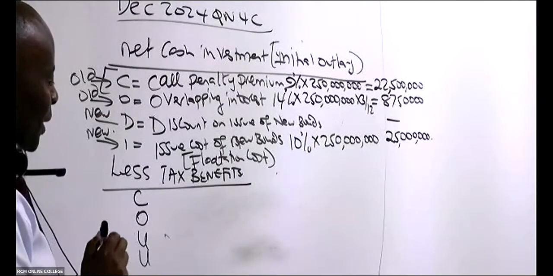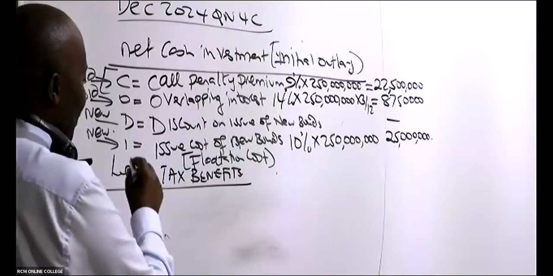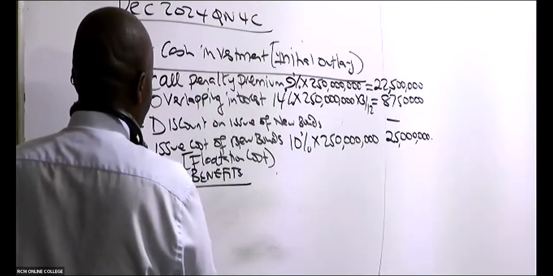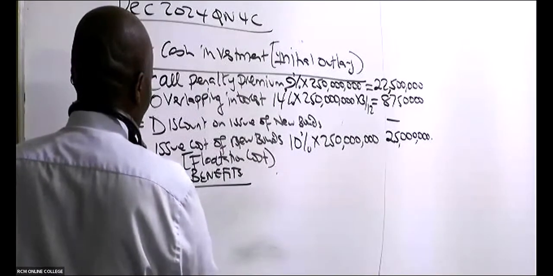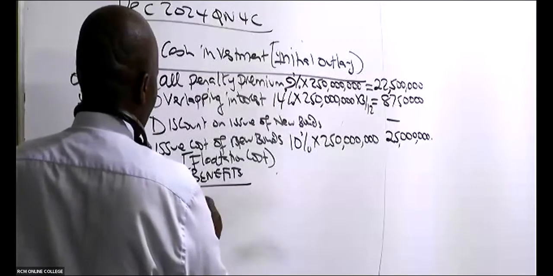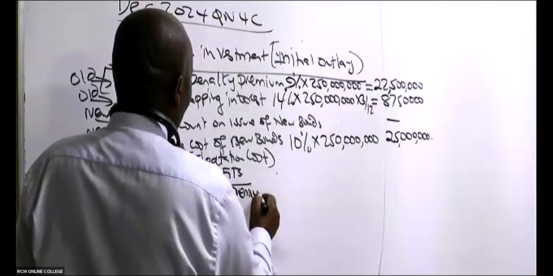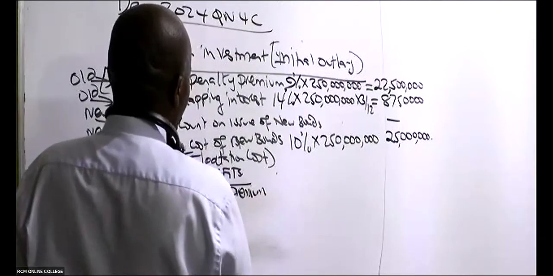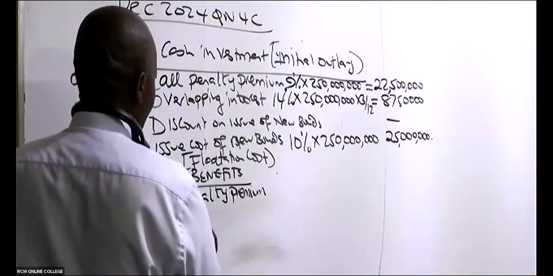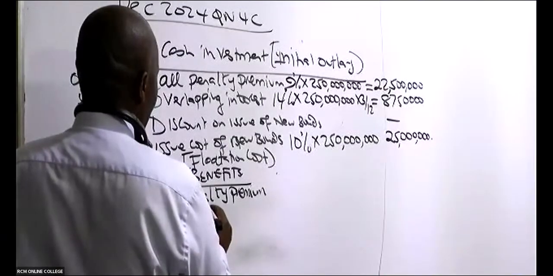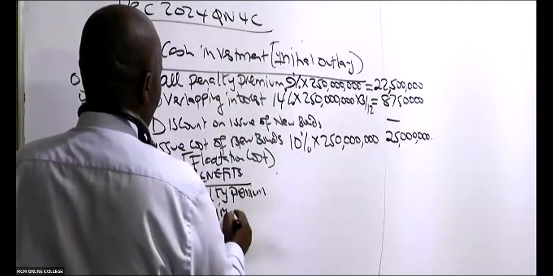So in this case here, we have a call penalty premium. I can again write here for your revision. So this is call penalty premium. Then we have overlapping interest.